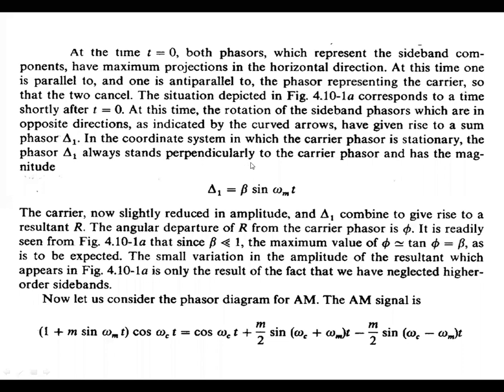So in the coordinate system in which the carrier phase is stationary, phasor del 1 always stands perpendicular to the carrier phasor and has magnitude del 1 equal to beta sine omega m of t.